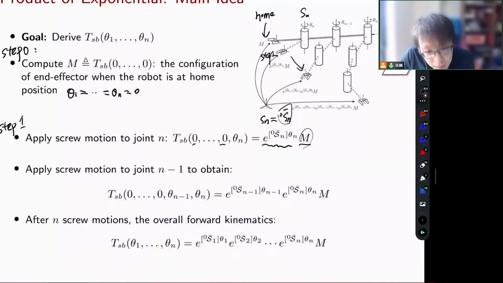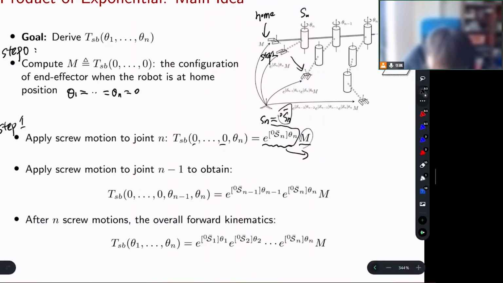The key is that rotating about the Sn screw axis does not move the Sn minus 1 coordinate screw axis. Applying this screw motion does not move Sn minus 1, Sn minus 2, and so on.